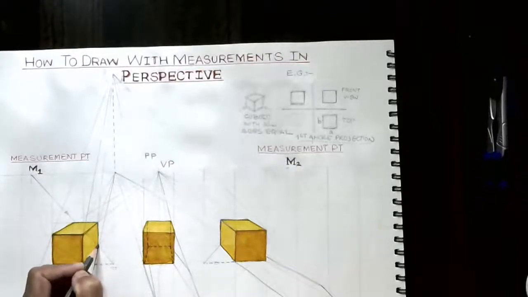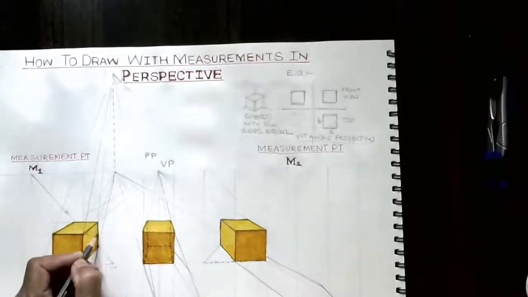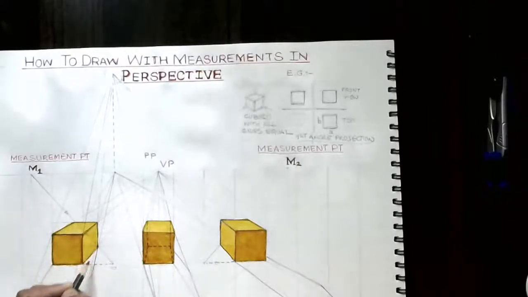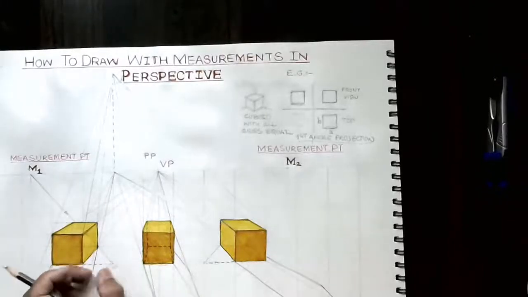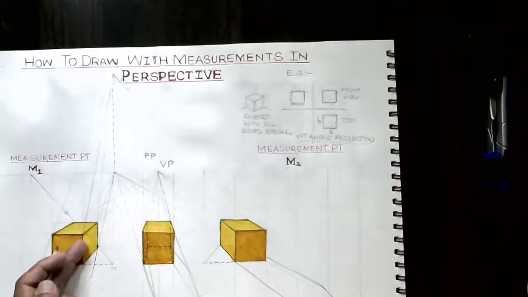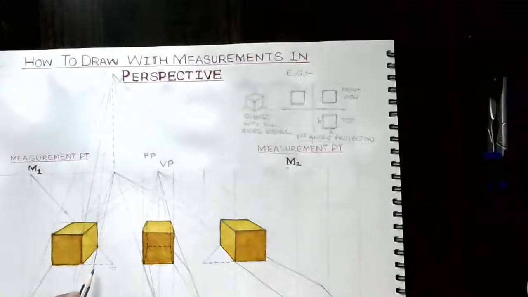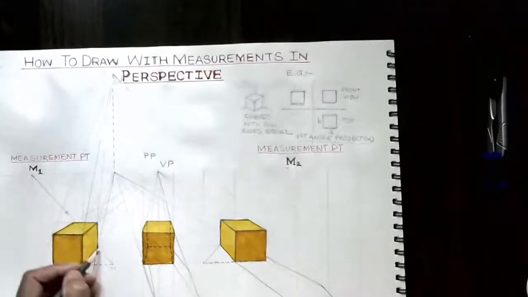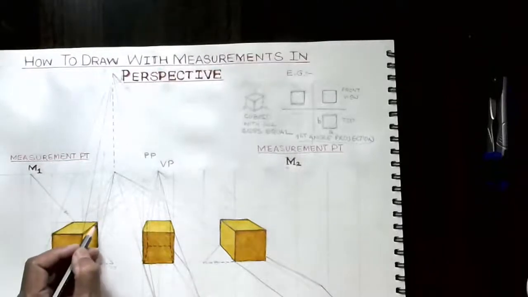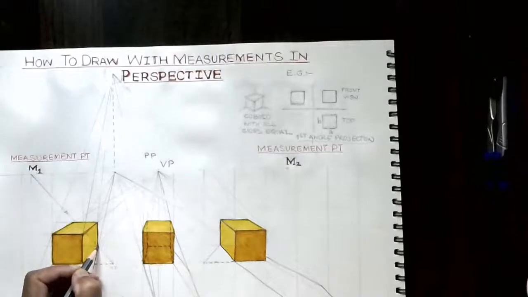When we raise a vertical, this is the length which you will see in perspective, as per the vanishing point. In angular perspective it will be a little different. We'll cover that in the angular perspective part. So this becomes a measurement point of this size, and this is the size which will be obtained.